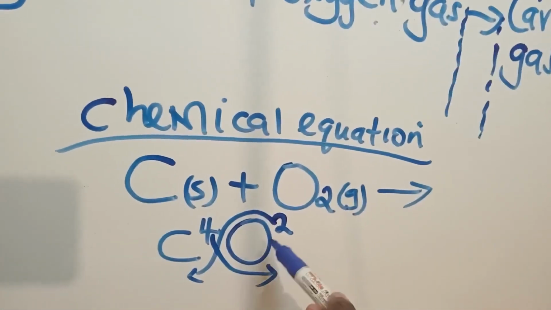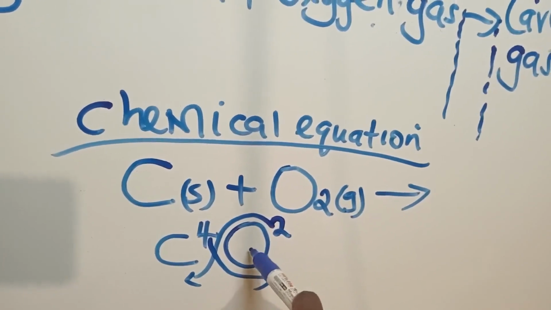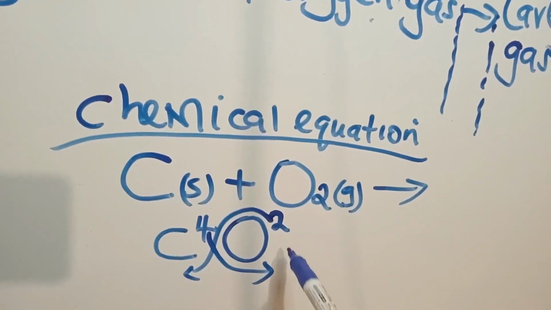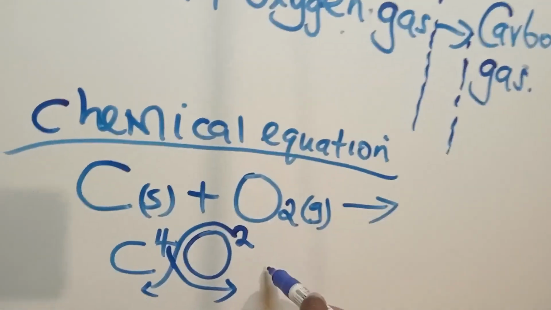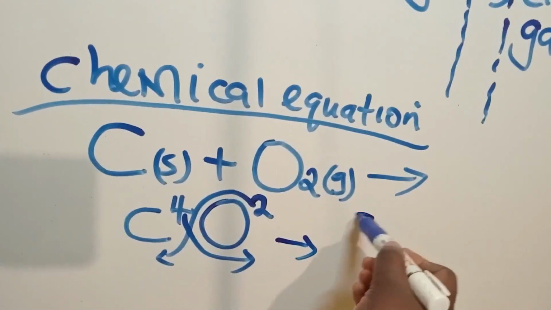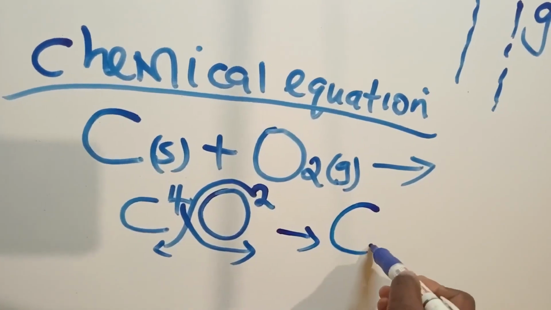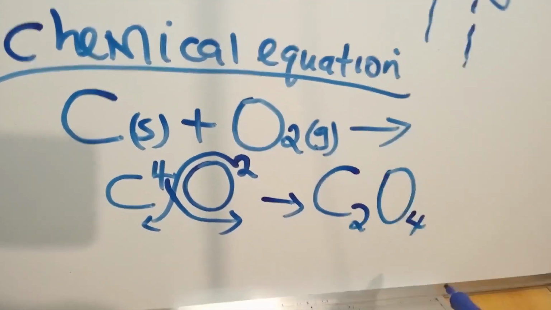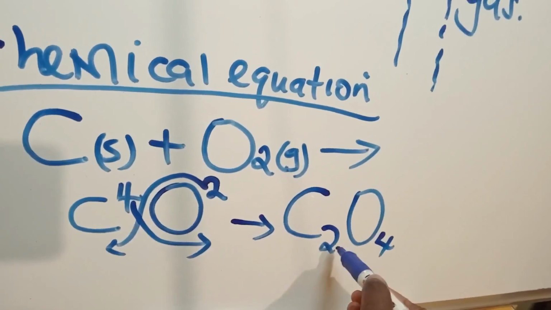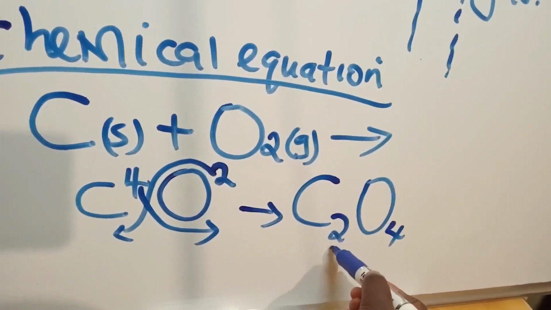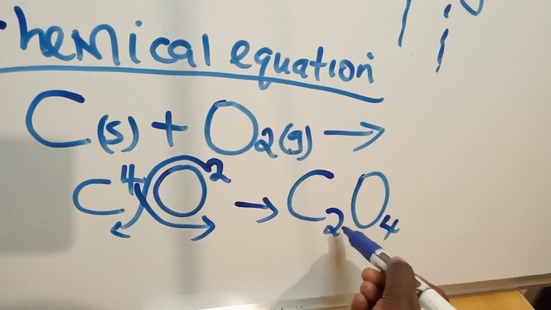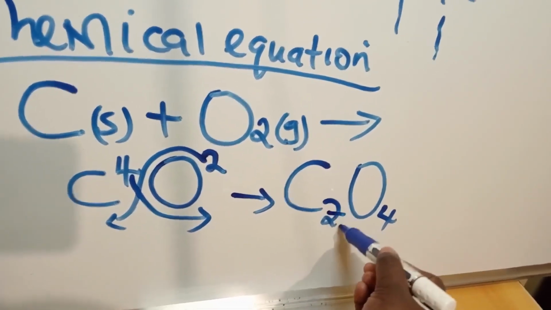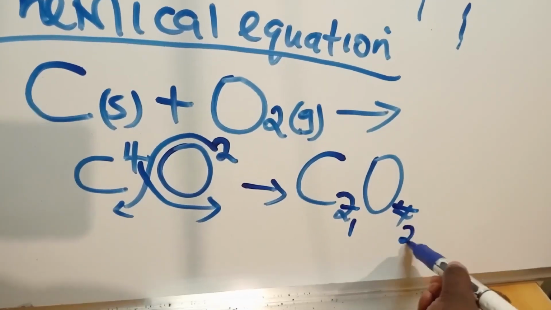So in our previous lessons, we already said that oxygen being in group 6, it is required to gain 2 electrons, so the valency is 2. So then you exchange them. So we got to this point where carbon takes the 2 that was for oxygen, and oxygen takes the 4 that was for carbon. From there, we look at these two numbers, and because they can cancel each other, we say by 2, 1, by 2, 2.